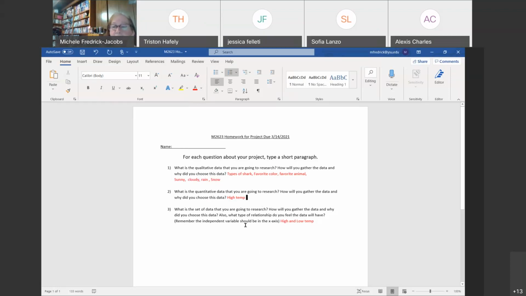It doesn't have to go together. Other possibilities for the numerical value are height of basketball players. Anything numerical. So if you're going to do height of NBA players, you could do favorite NBA teams and ask 25 people their favorite team.